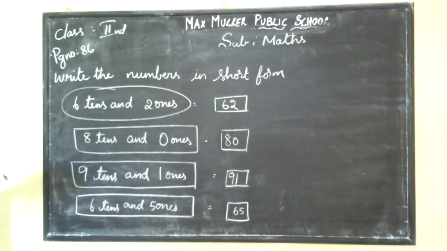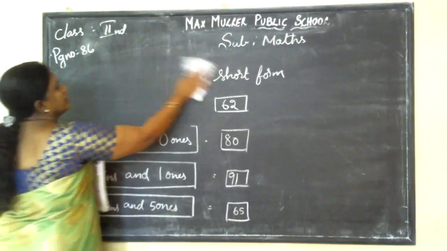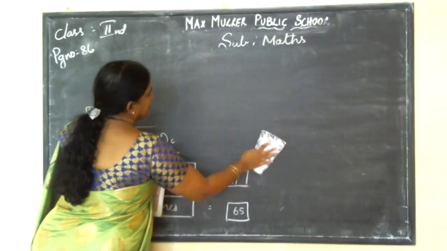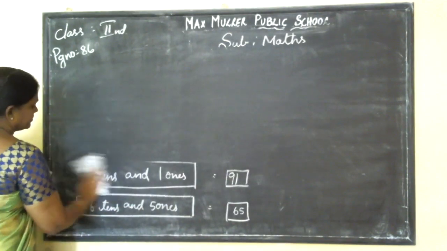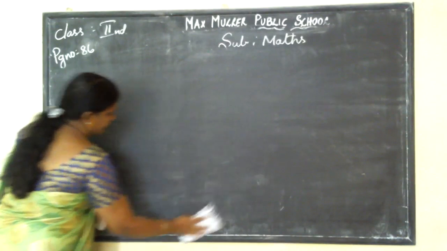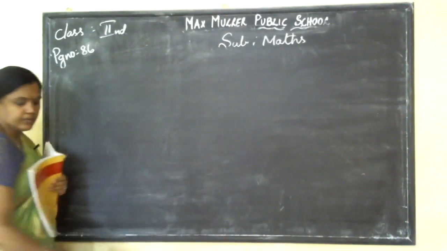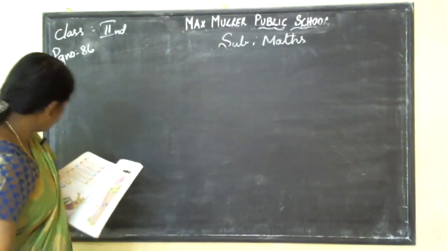Next one, fill in the blanks with the greater than, lesser than, or equal to sign. Finish it neatly. We'll go to the next one. Next one, what is the next one?